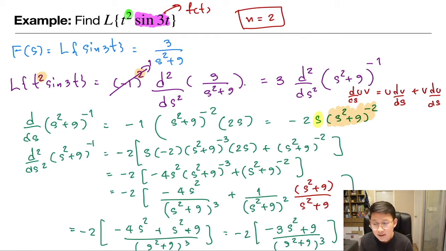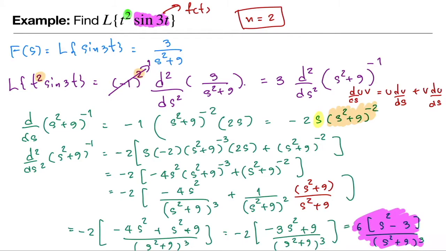And after that, we apply the second technique, which is minus 1 to the n. Right now n is 2, so minus 1 squared is actually 1. We don't care, right? And we need to differentiate the big F twice by s. That, the writing in green, is to differentiate 3 divided by s squared plus 9 twice, and in the end we get this thing highlighted by pink.